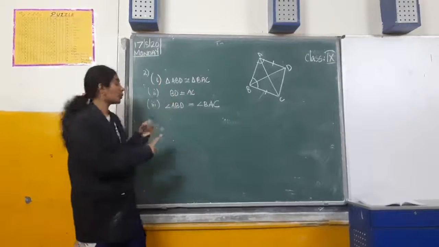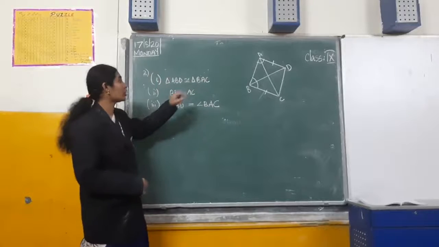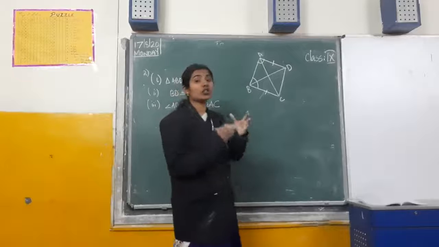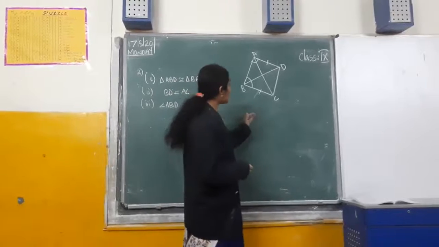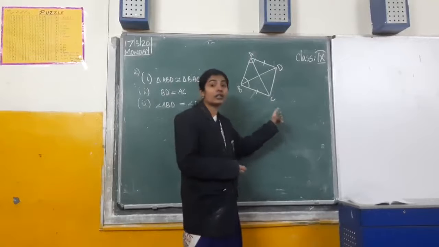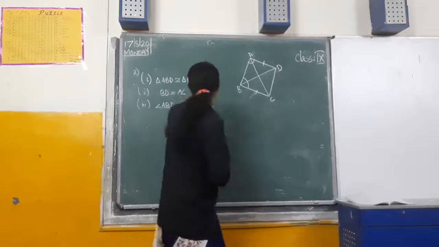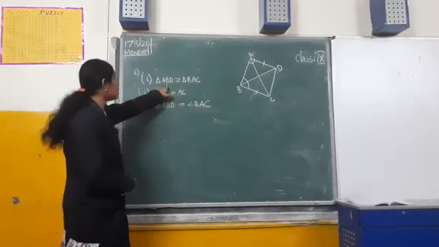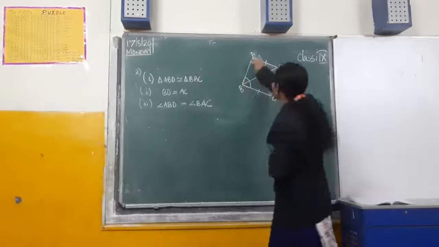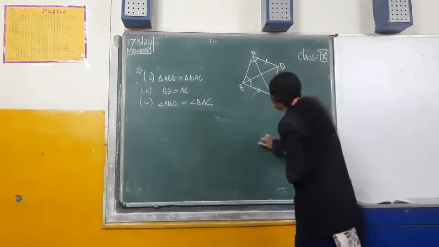First, what do you want to prove? Triangle ABD congruent to triangle BAC. So which triangles do you want to show the congruence for? You should draw one rough figure for that. Okay. So the first triangle, what is the name? Triangle ABD. See the figure? Triangle ABD. Draw the triangle.